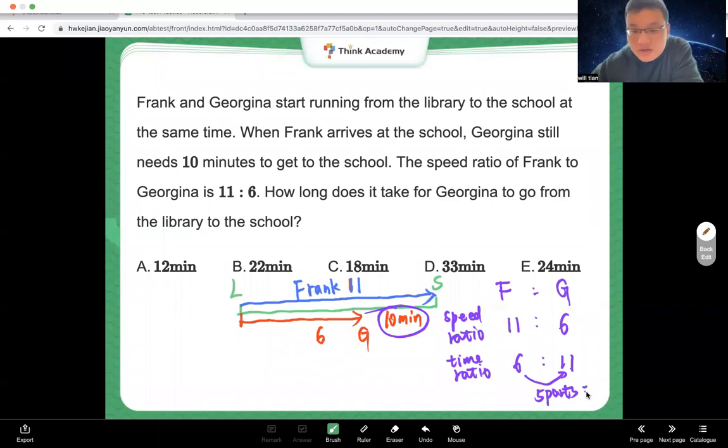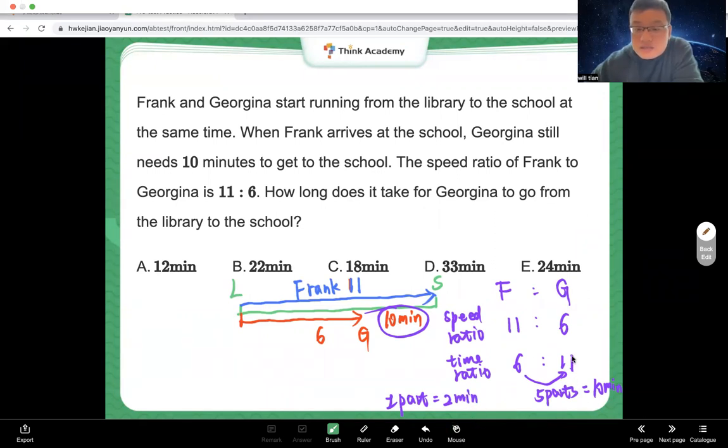The question tells you Georgina spends 10 more minutes to reach school when Frank has already arrived there. So 5 parts is 10 minutes. So one part will be 2 minutes.